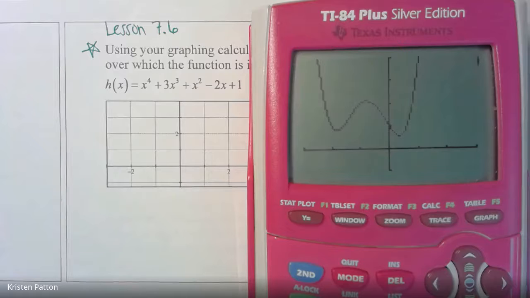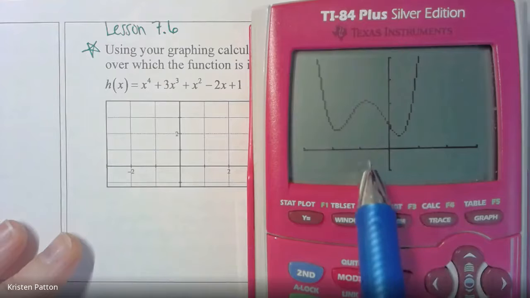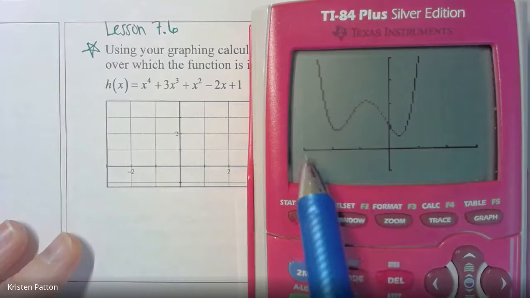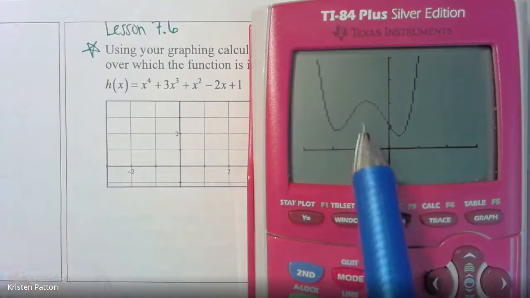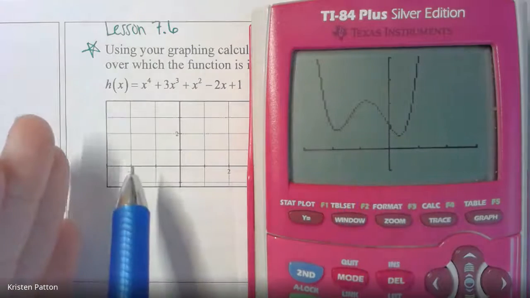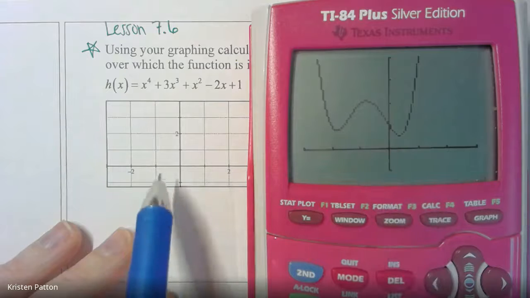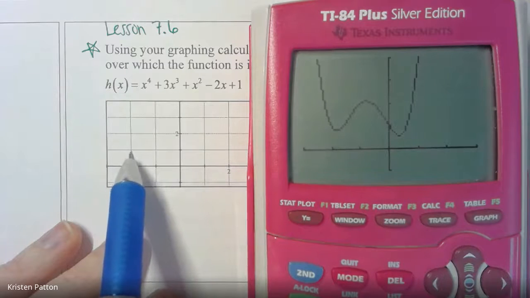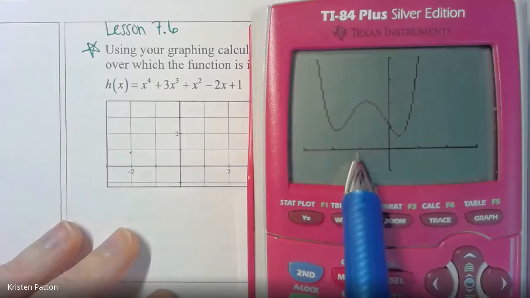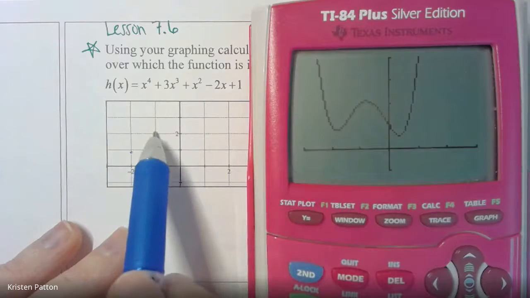Okay? So I think I'm going to go ahead and try to translate this as best I can. I made sure to leave that x scale as a 1 so that it's easy for me to kind of estimate. So I'm going to take this shape and I'm going to put it on my paper. So I think the turning points are important. It looks to be at like -2, 1. It's not exact. This one is like -1, 2. Again, not exact.